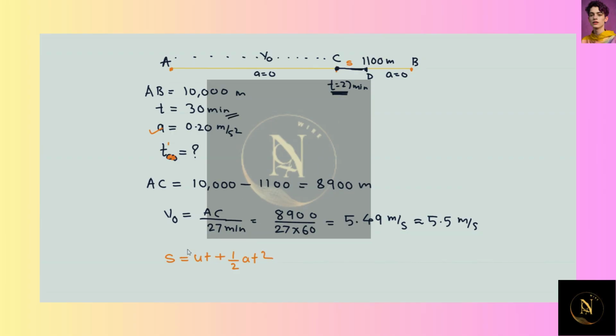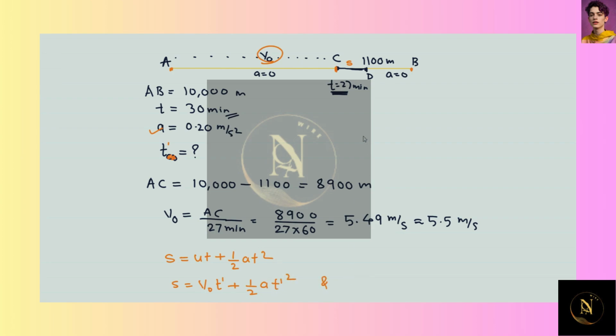Here the initial speed is V naught, and the time is T dash, the time for which he accelerates, so S equals V naught T dash plus half A T dash square.